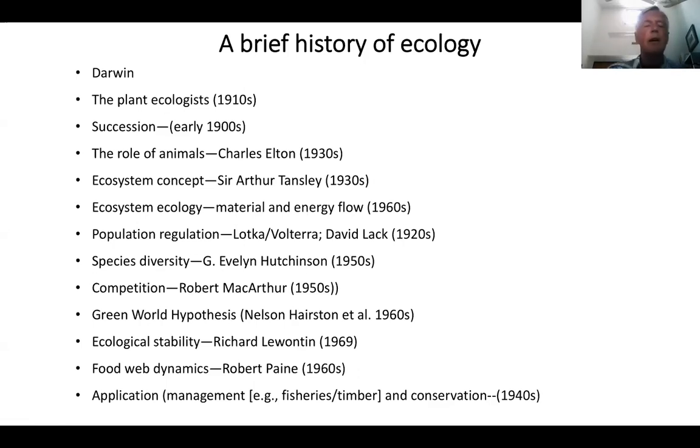The Green World Hypothesis was a very brief paper that was published by Nelson Hairston and colleagues who were at the University of Michigan. And they simply proposed that the reason that the world is green is not so much exclusively because of rain and temperature and nutrients, but it is because of predators limiting herbivores.